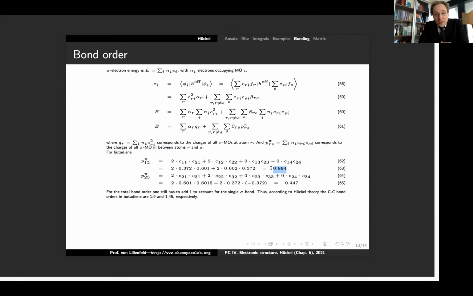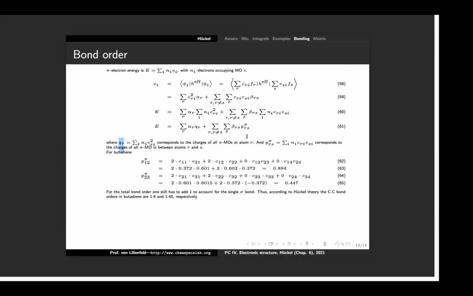No, this is not true. You have the bonds, but you also have the charges, right? So in this discussion, you also have to take your Q, these QRs into account. And once you add those up, when you add up all your coefficients, then you recover, for each molecular orbital, these coefficients normalize to 1, right?